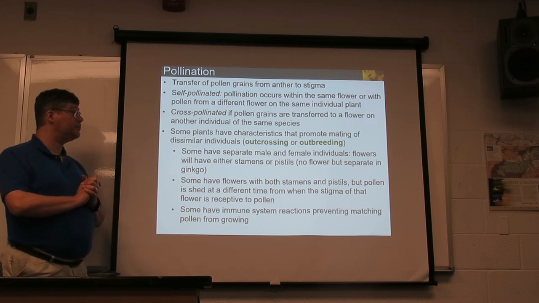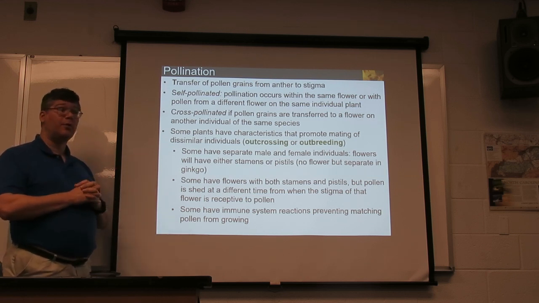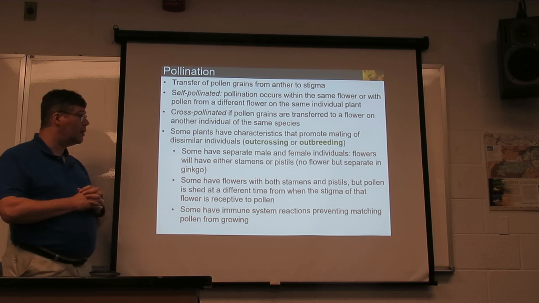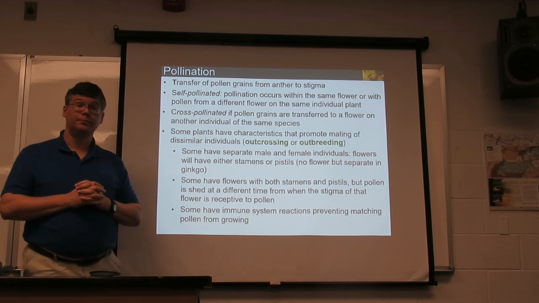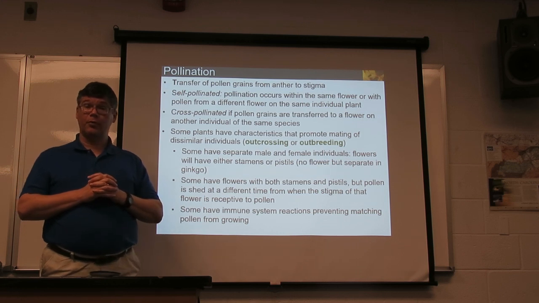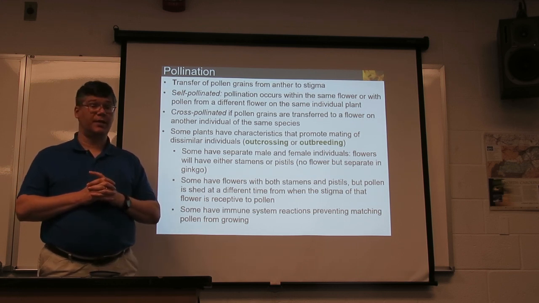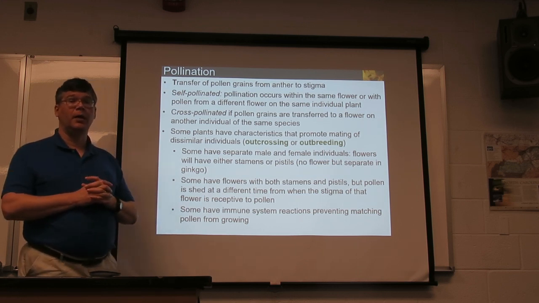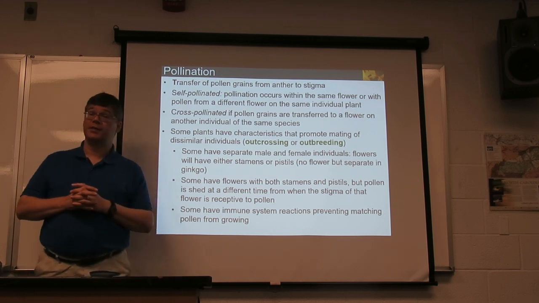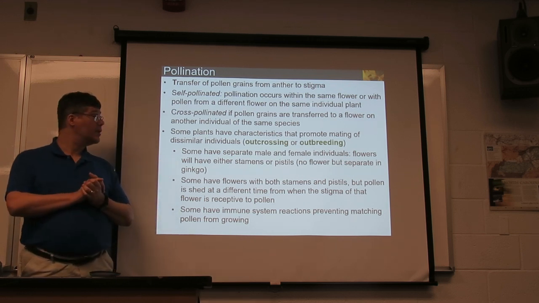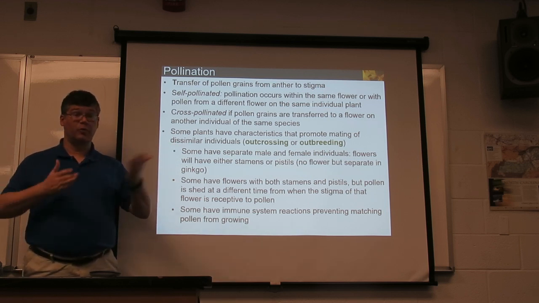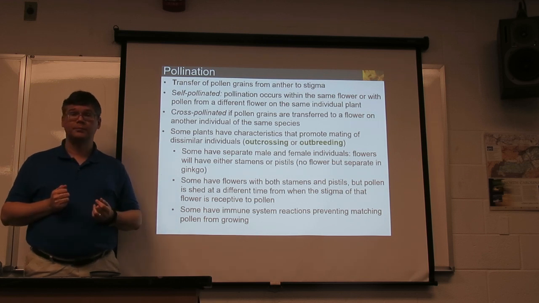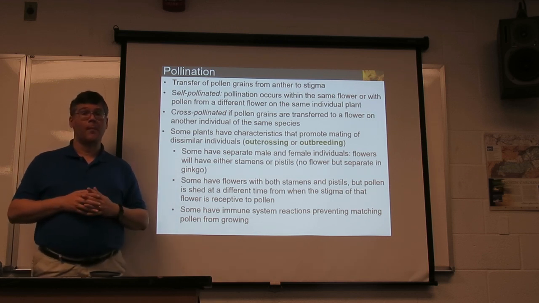Some plants may have separate male and female flowers. This will be either both on one plant or different plants having them. Ginkgo, of course, doesn't have flowers, but it does have separate male and female plants. So that pattern is found there. Of course, separate male and female plants can't self-fertilize. So that helps promote mixing the genes around.